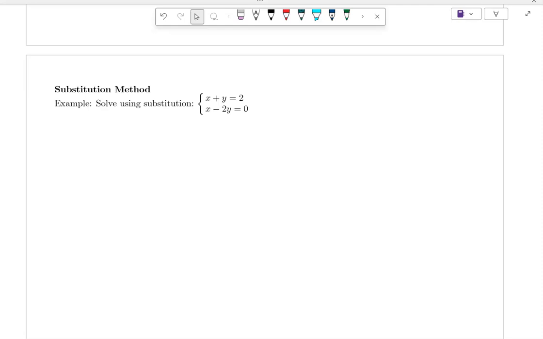So, for substitution, we're going to start with solving for one variable. That's just basically solving for x or y. Doesn't matter which one. And then we're going to substitute that in.